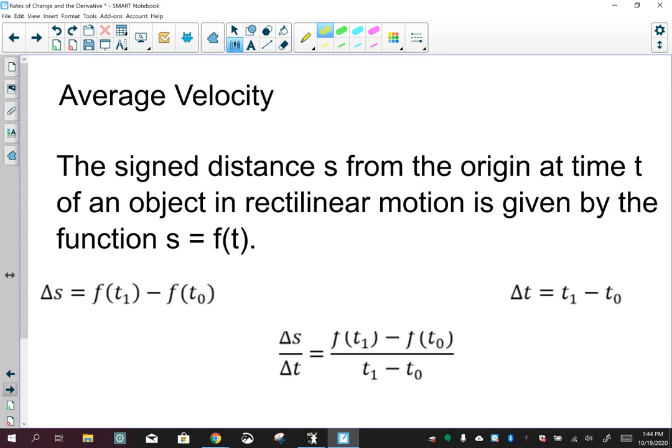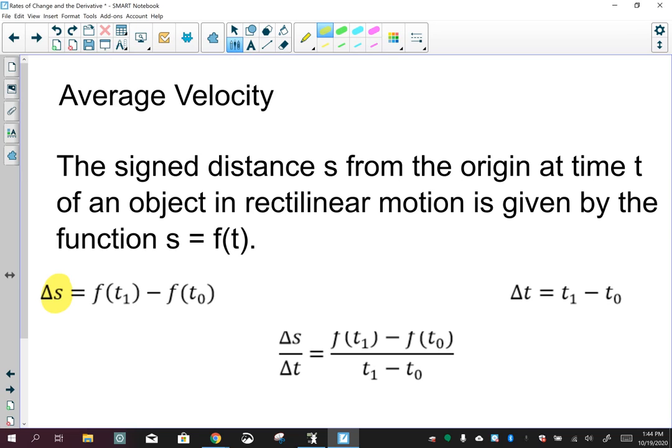So average velocity is assigned distance, s. We're talking about s here, from the origin at time t. So we're looking at your initial time that they give you to the final time that they tell you to stop. In this case, when we talk about average velocity, it is not happening from the origin, it's happening from when they tell you.